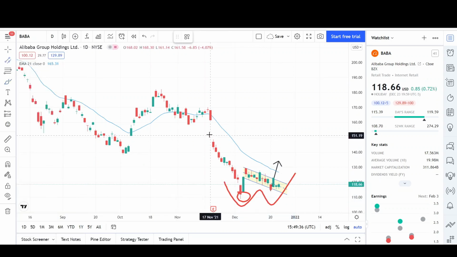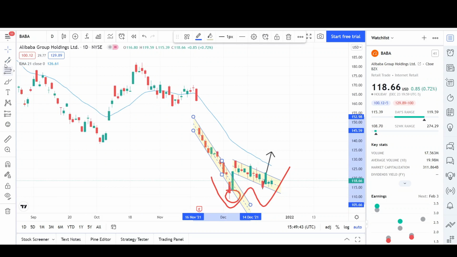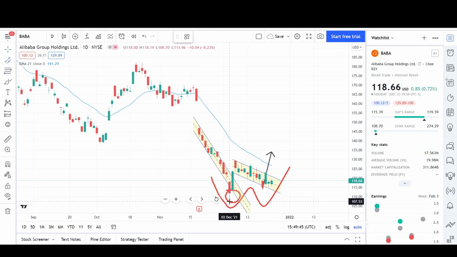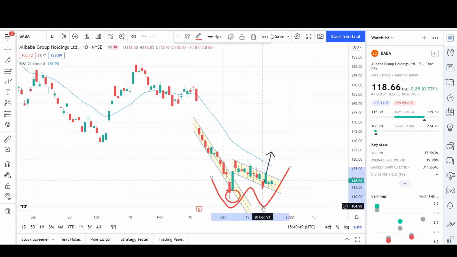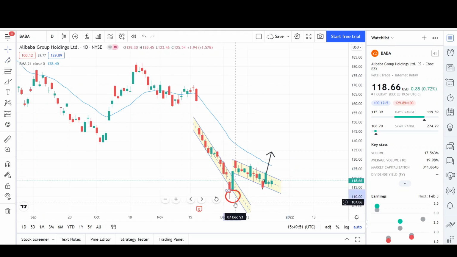There was this previous downtrend right here, and normally when we get a breakout side of the channel, we retest the lows. However, if you look closer, you can see that red bar that marked the very low of BABA in this downtrend. Usually when we get that breakout side of the channel, we don't get the retest of the lows, but it is also possible that we do go back to retest the lows and make a new one.